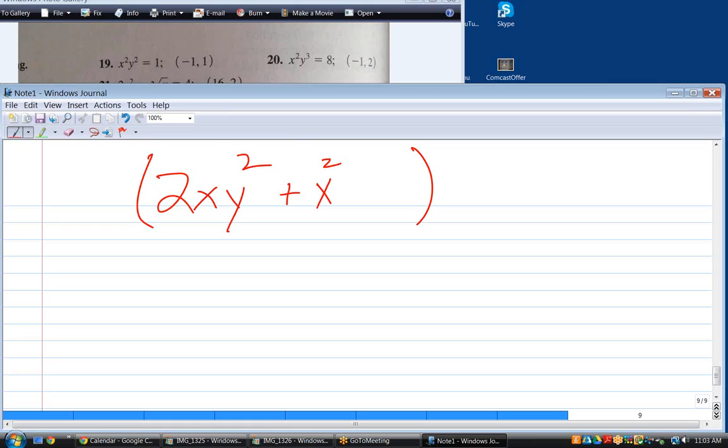Once you find an efficient pattern, do it just like that every time. So x squared, and what else goes here? And then 2y, and then y prime. Right. Equals 0. Okay. Solve for y prime.